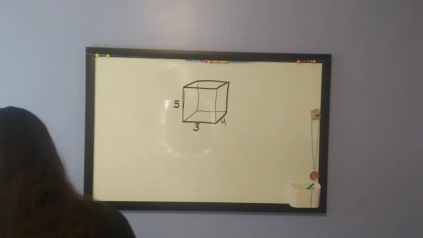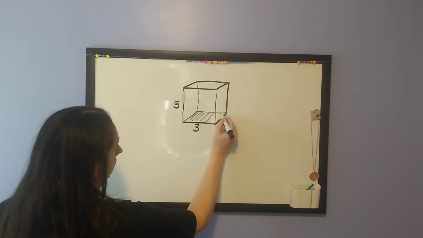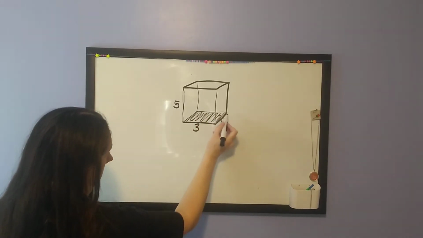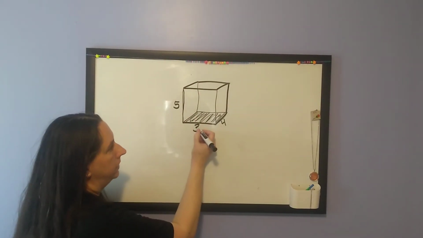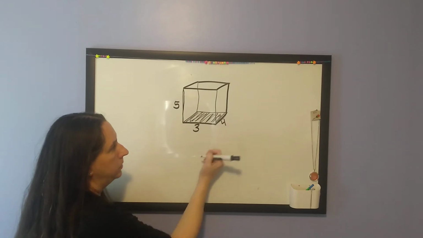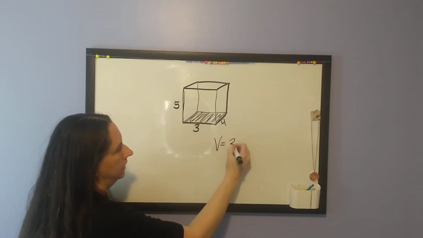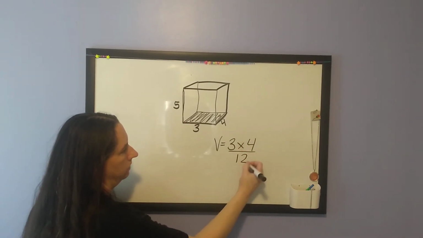We can say that this 2-dimensional shape down here, this rectangle, we could find its base area by doing length times width. So this would be 3 times 4, which is 12.